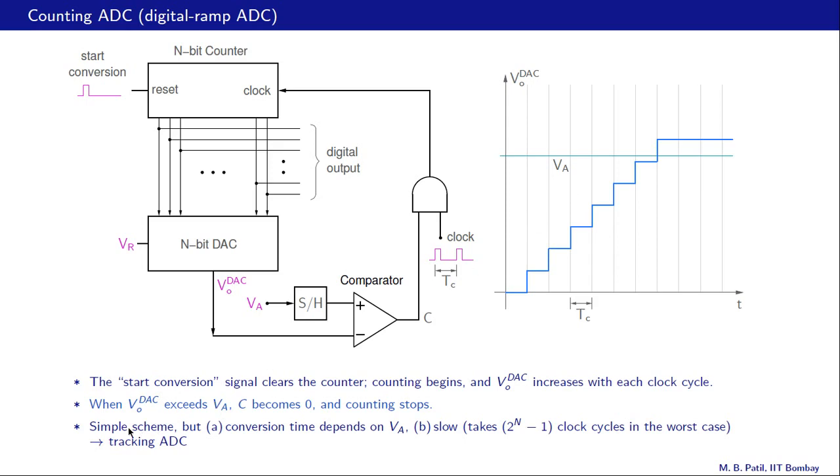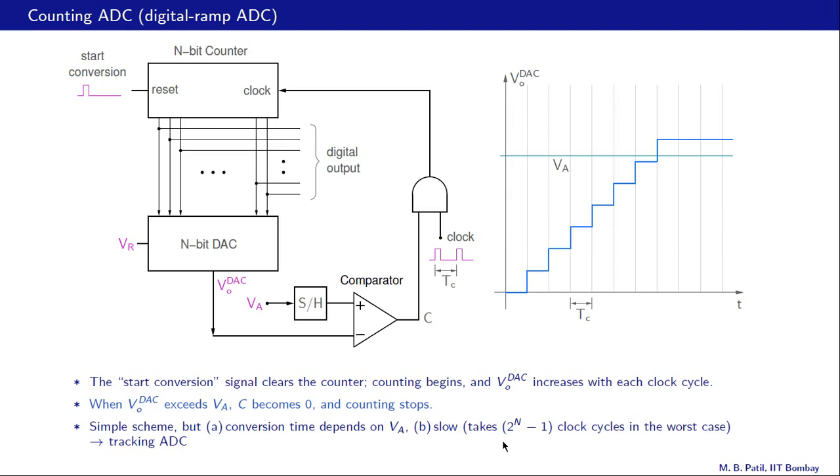Alright, so this is a very simple and therefore attractive scheme, but the conversion time depends on VA, as is obvious. If VA is here, then we need that many clock cycles. If VA is here, then we need a larger number of clock cycles. So it is a slow process, and in the worst case it takes 2 raised to n minus 1 clock cycles.